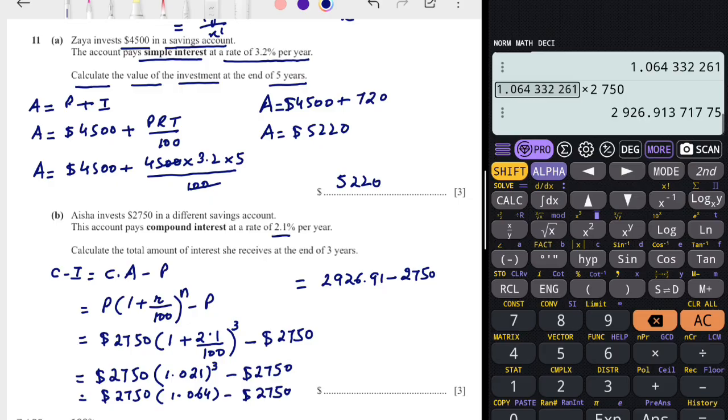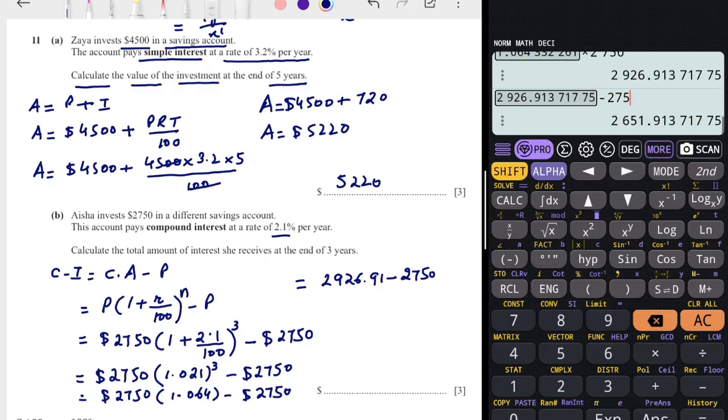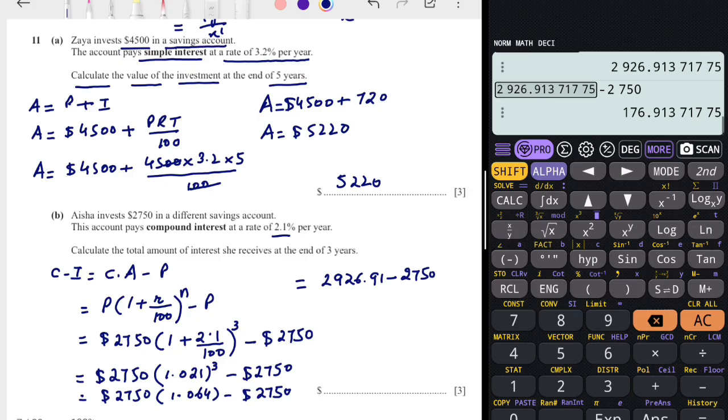We will subtract 2750, and the final answer in dollars would be 176.91. So this is the final answer. Always try to write currency to two decimal places.